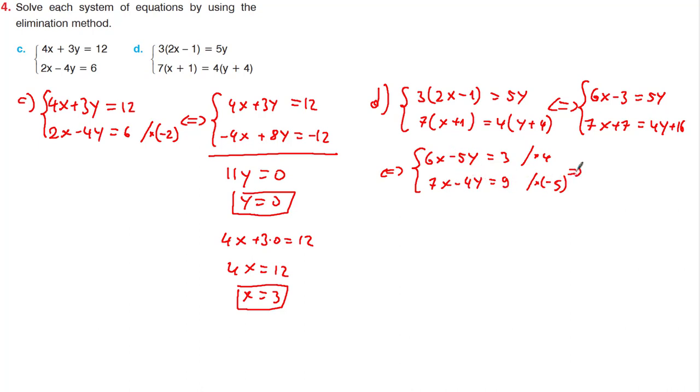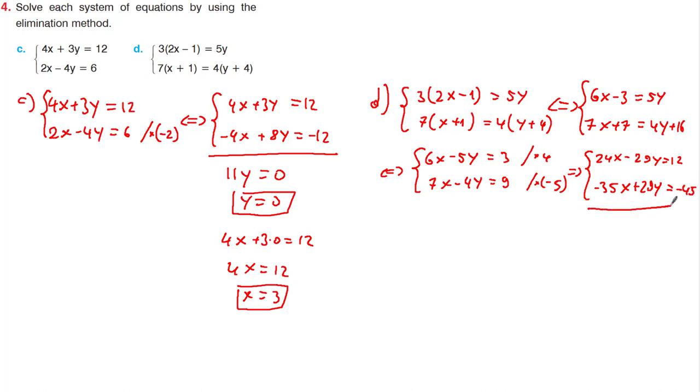So finally we have an equation that looks like this: 24x minus 20y is equal to 12, and negative 5 times 7, that's negative 35x, plus 20y, that's negative 45.